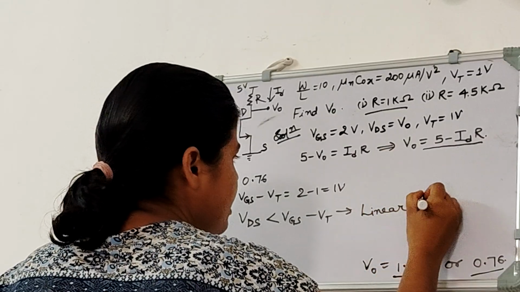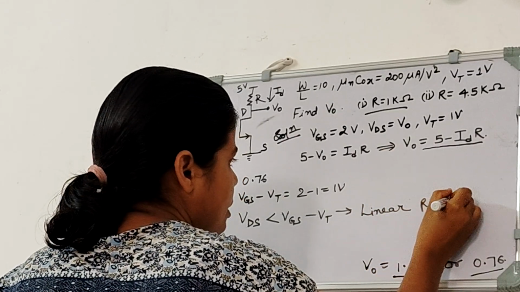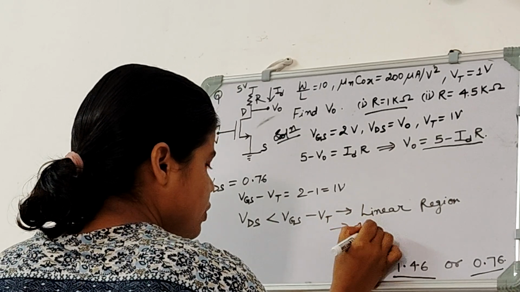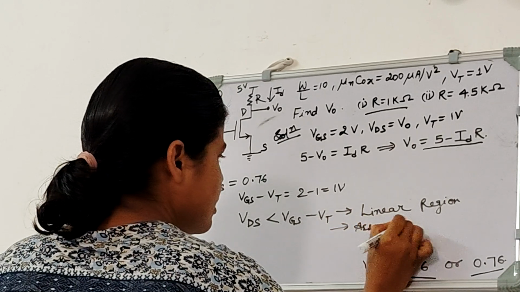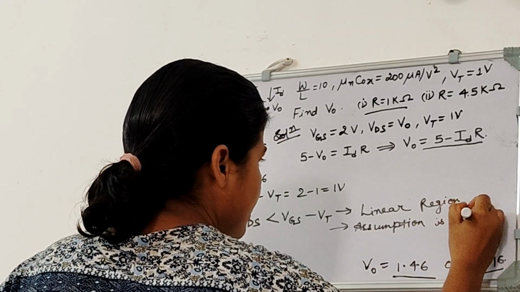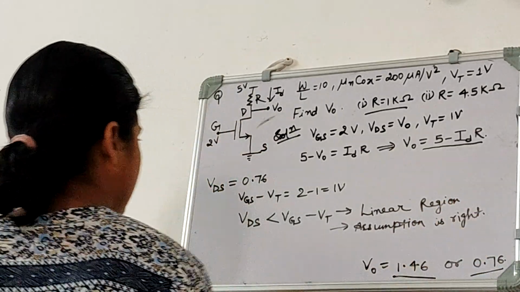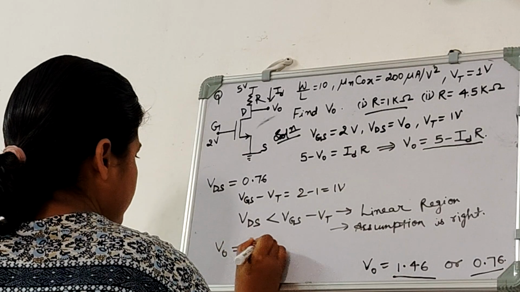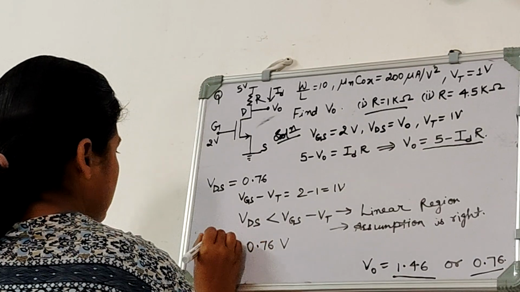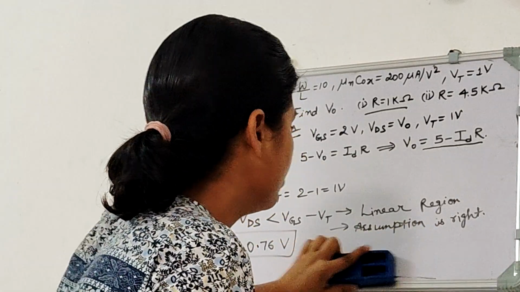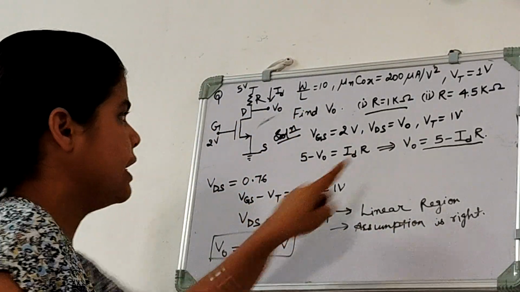So we can say that our assumption for linear region was right. And our final answer will be that V naught equals 0.76 volt. So this is the answer for this second question.